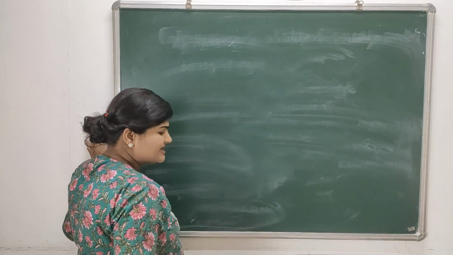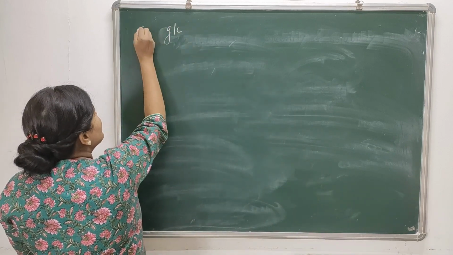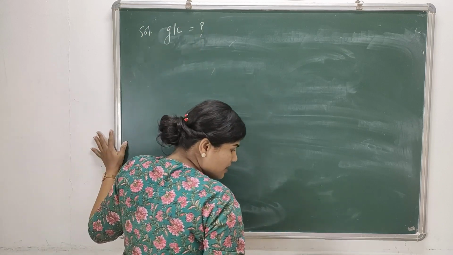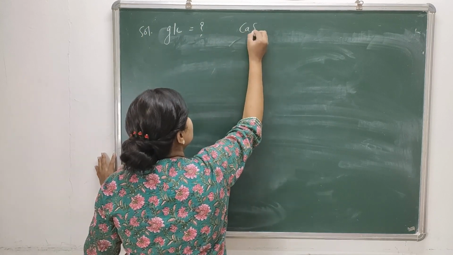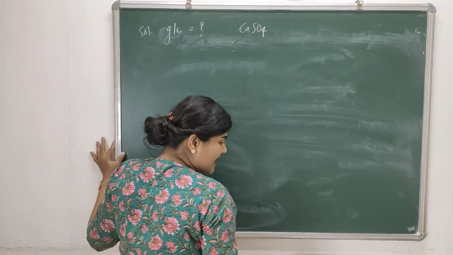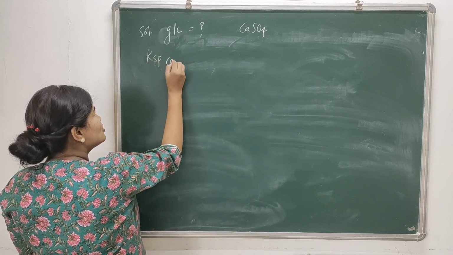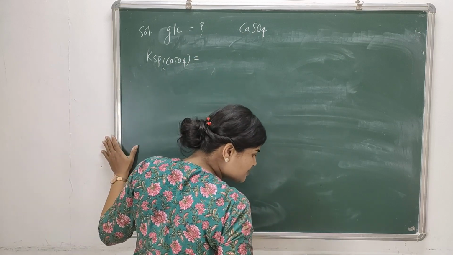The problem is: calculate the solubility in gram per liter of calcium sulfate, CaSO4. The Ksp for calcium sulfate is given, and it is how much?